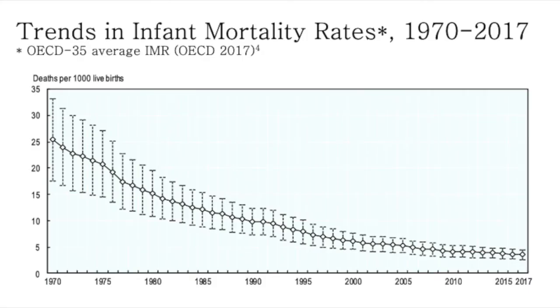This chart shows the trends in infant mortality rates between 1970 and 2017, and to do this it uses the average infant mortality rate between the OECD countries, and as you can see it's been declining since 1970, actually a lot. This graph shows a 50% decrease in IMR in 17 years, and this would be due to implementing some of the solutions that I was just talking about.